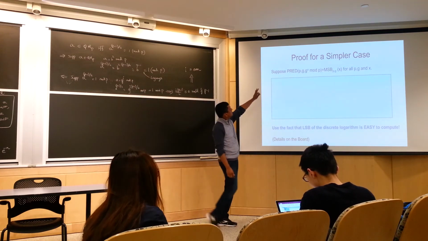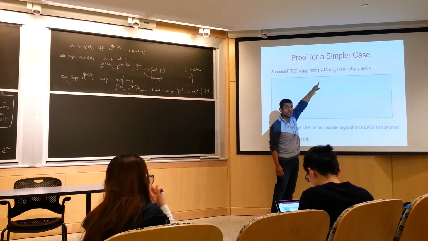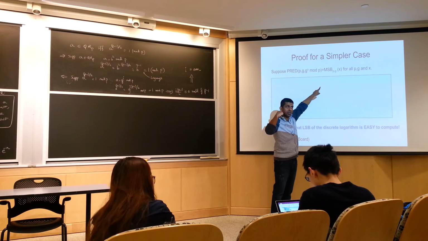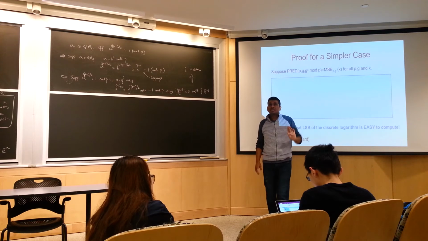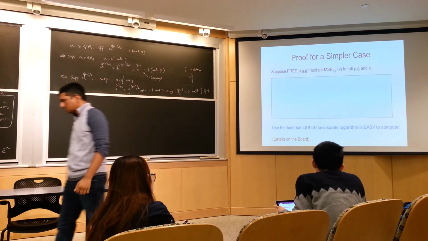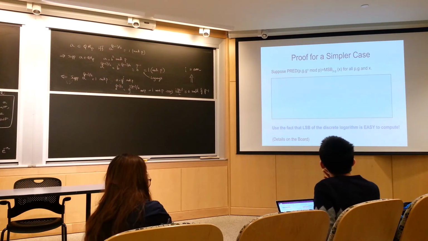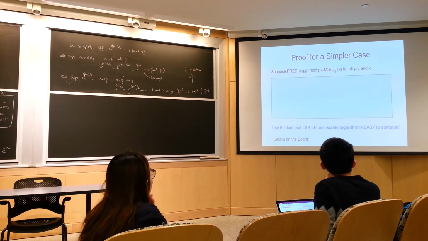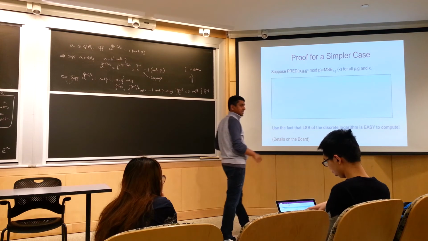Suppose you have a predictor that, given g to the x, outputs the most significant bit of x, in the way we defined in the last slide. Let's assume that this guy is a perfect predictor to begin with. What does it mean, a perfect predictor? It gives you the right answer for all p, g, and x. Can we use this to find the discrete log? That's the question.